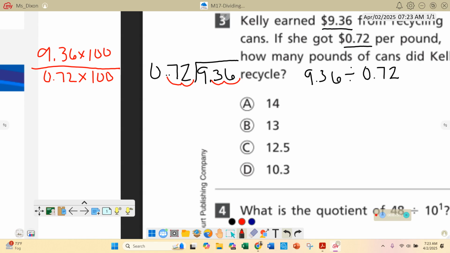Therefore, our new problem is going to be 72 as our divisor and 936 as our dividend.